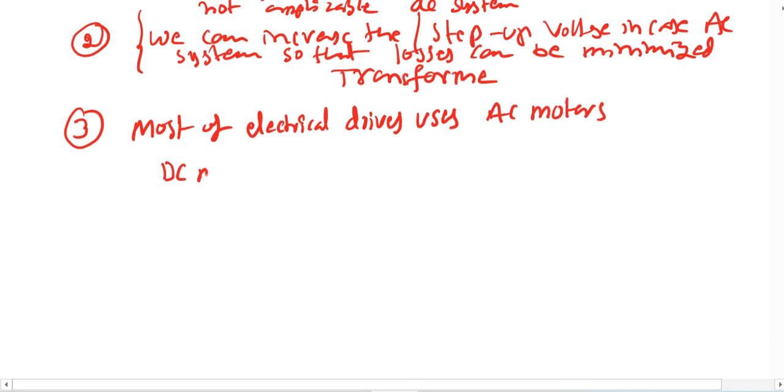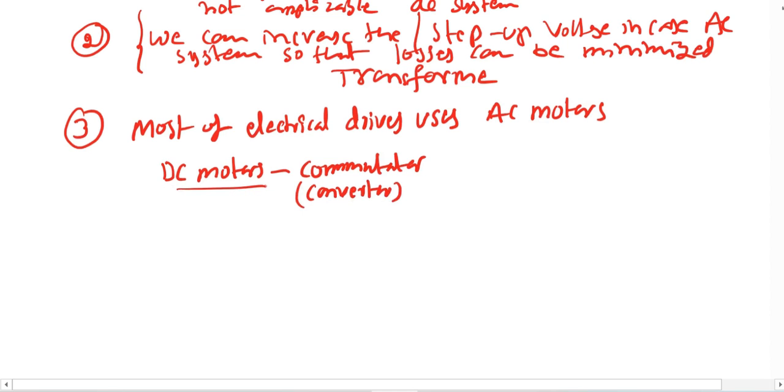Because DC motors have a commutator. These commutators are called converters, which are responsible to convert your DC into AC, so that your DC motors will rotate.